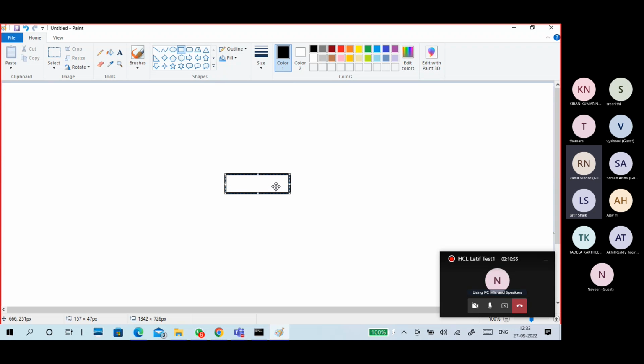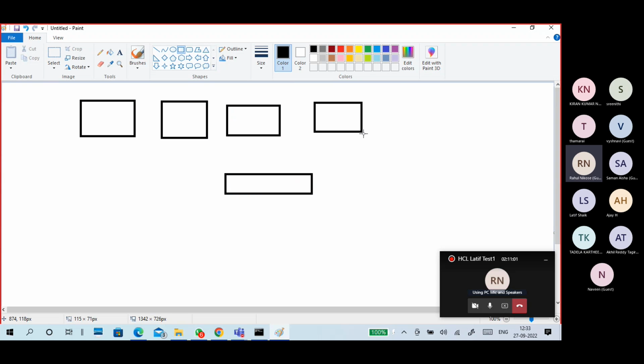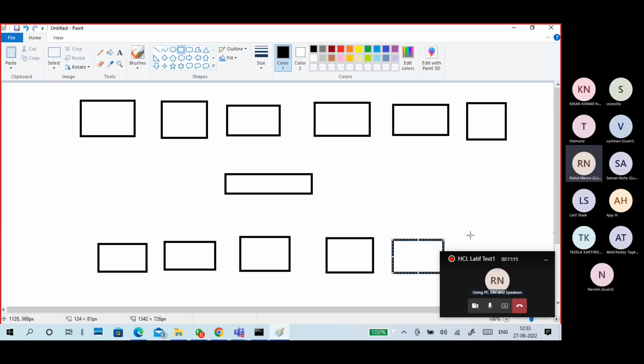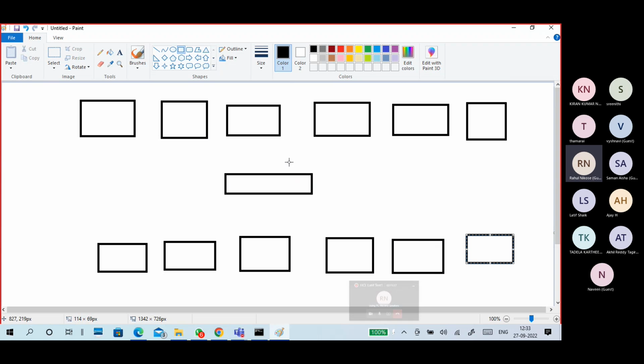For example, I have a switch and multiple computers connected to it, like this.